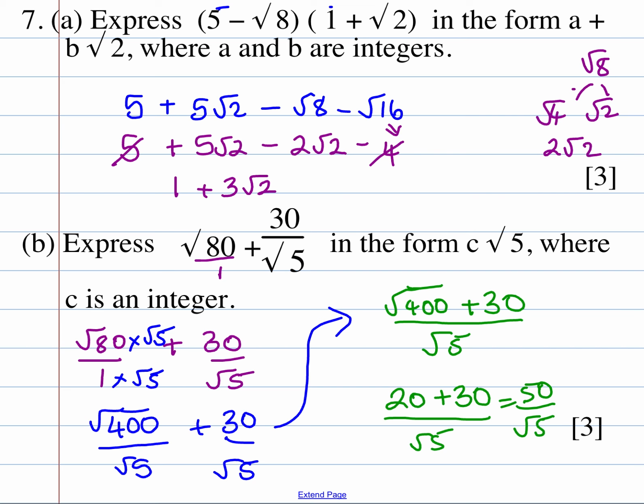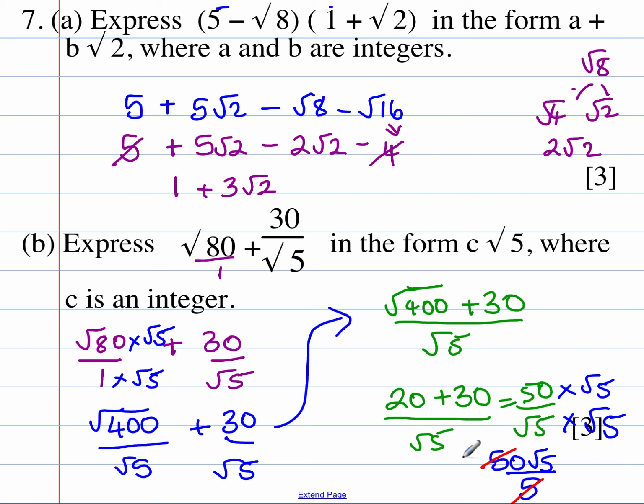Now I need to rationalize it because there's no surd at the bottom. So that means I'm going to times my top by root 5. And I'm going to times my bottom by root 5. So root 5 times root 5 is simply just 5. And on top I have 50 root 5. Now what will end up happening is that this 5 will cancel with that 50.